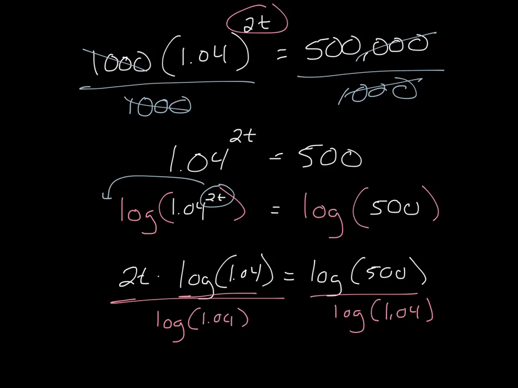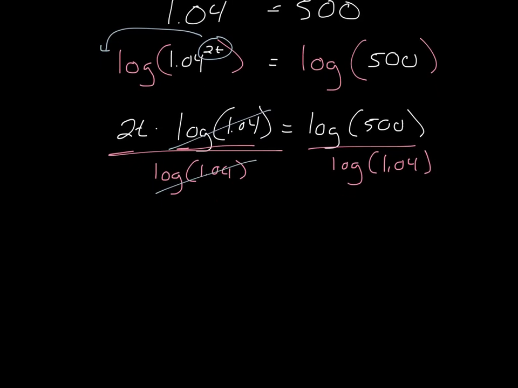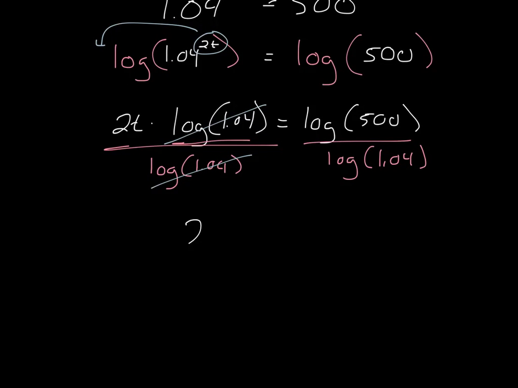And as always, dividing this is just going to cancel this log of 1.04 on the left hand side. So what I now have is 2t equals the log of 500 divided by the log of 1.04.